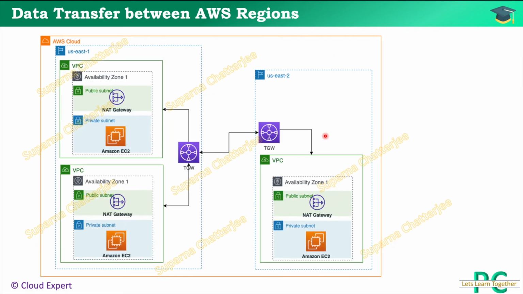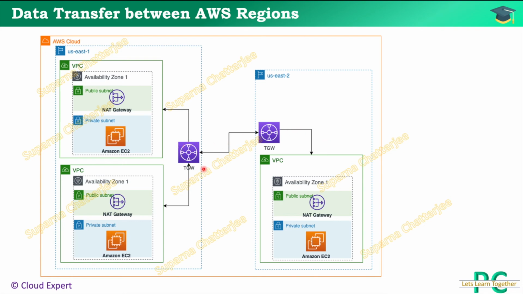Let's see a different use case. Now let's try to understand VPC peering using Transit Gateway. If you remember our previous example, we had three VPCs and we peered them using VPC peerings. Now if you are using AWS Transit Gateway, since Transit Gateway is a regional resource, we need a Transit Gateway per region.